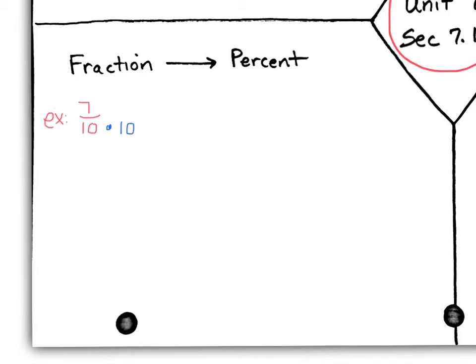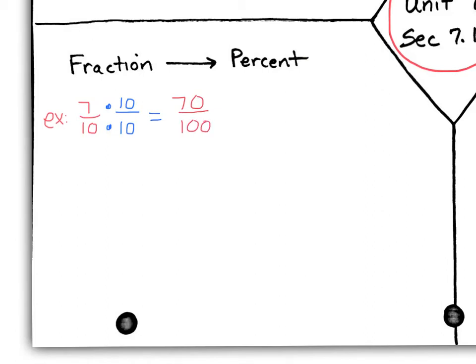And remember the rule in a fraction, if you change the bottom of it, you have to change the top the same way. So you're multiplying by 10 over 10, which is really just multiplying by 1. When you multiply by 1, nothing really changes. And when you multiply fractions, just multiply straight across. And you will get 70 out of 100.